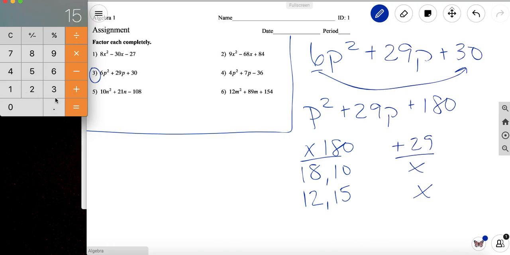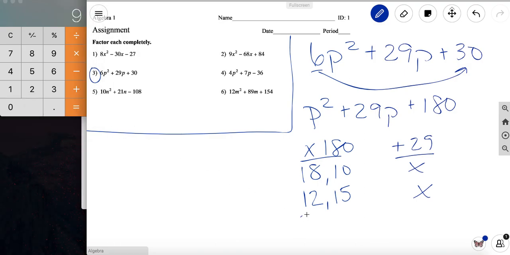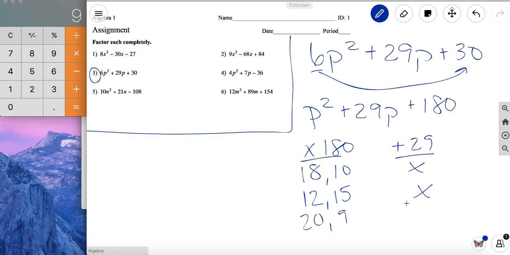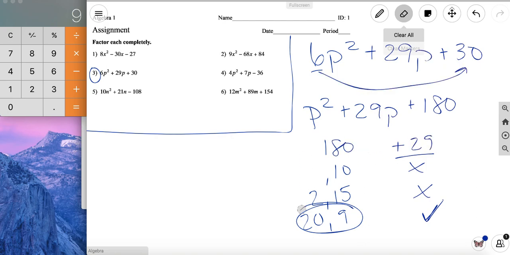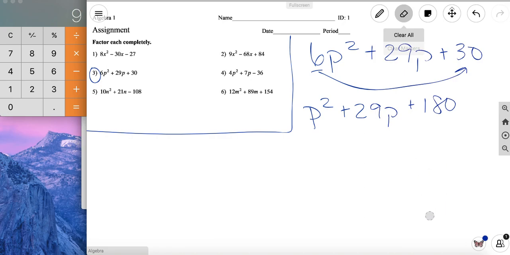Try all different kinds of things. 15 and 12, we already did that one. 18, 19, 20. 20 and 9. Okay. And this is our winner, so we know that we got the winner. 20 and 9. I'm going to erase this just for my own space because I do write big. 20 and 9.